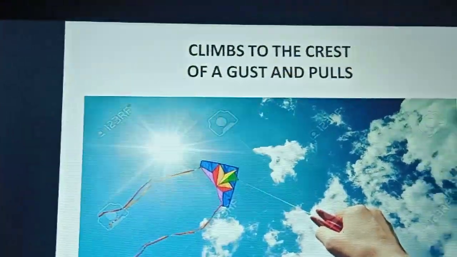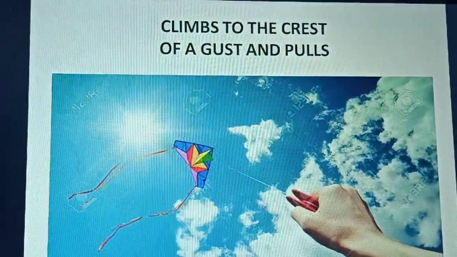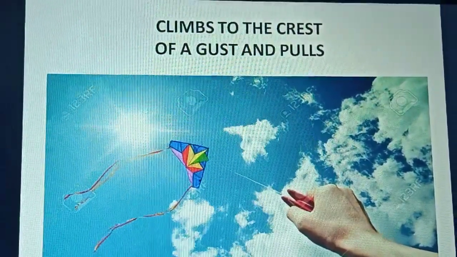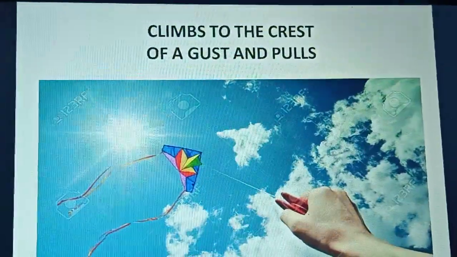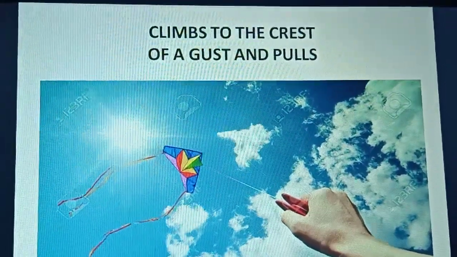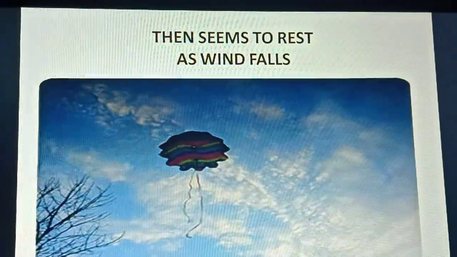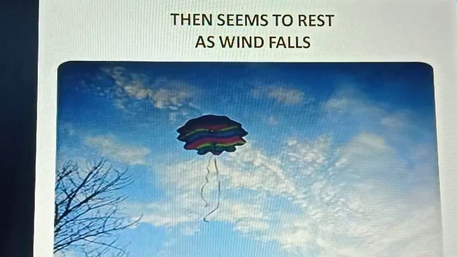Climbs to the crest of a gust and pulls. It climbs to the maximum height, isn't it? Once the kite reaches the maximum height, it will be flying steadily. Climbs to the crest of a gust and pulls, then seems to rest as wind falls.